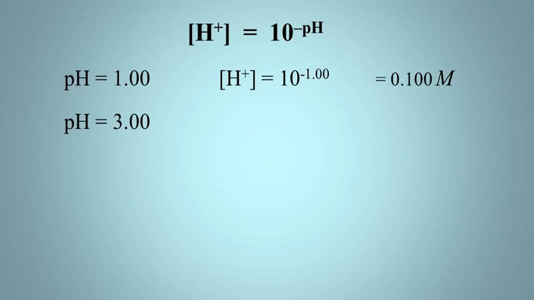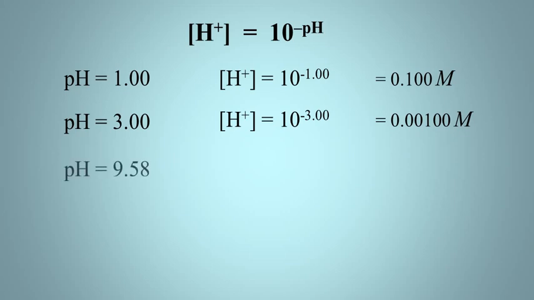If the pH is 3, well then the H plus is just going to be 10 to the negative 3 power, which is 0.001 moles per liter. If the pH is 9.58, then your H plus concentration is 10 to the negative 9.58 power, which is, when you plug that in, about 2.63 times 10 to the negative 10th moles per liter.